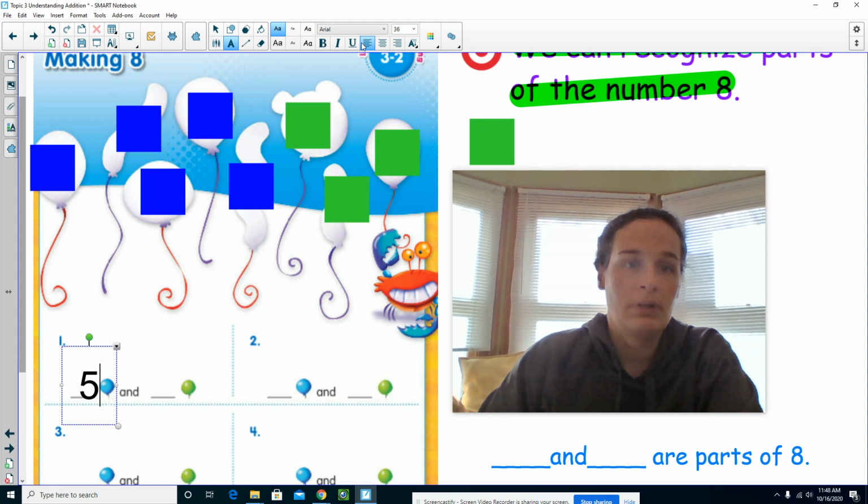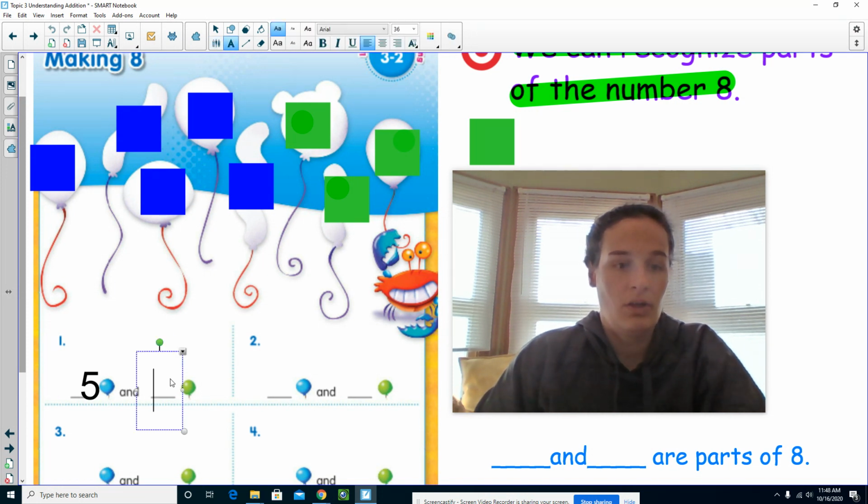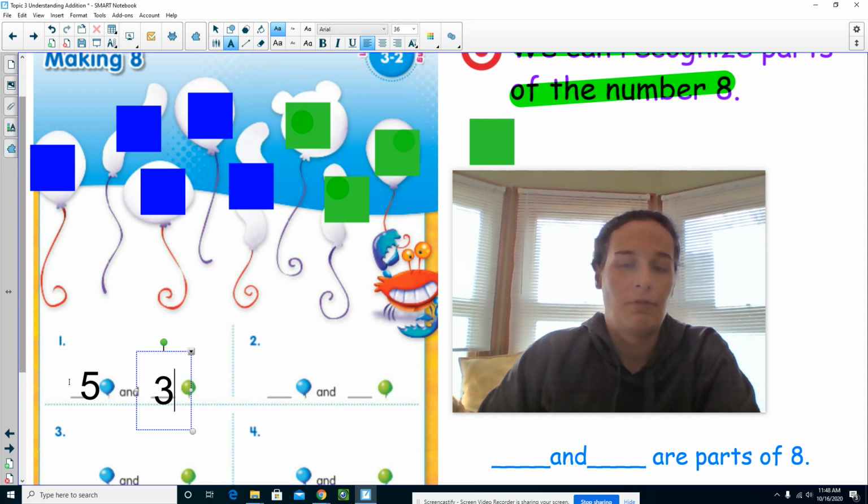Now let's count the green balloons. 1, 2, 3. We found 3 green balloons. So 5 and 3 are parts of 8.